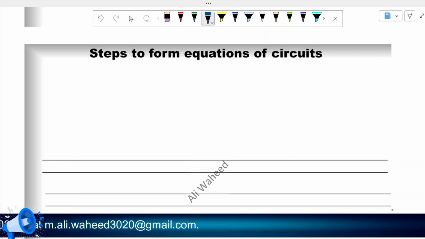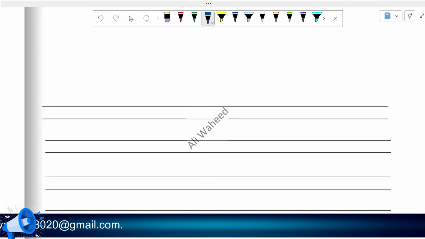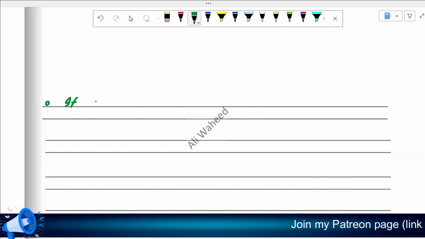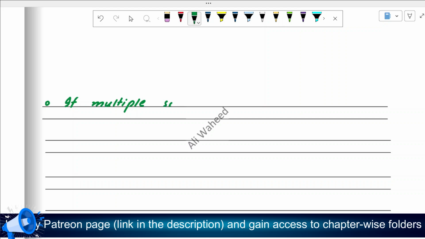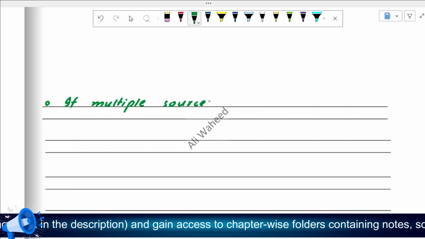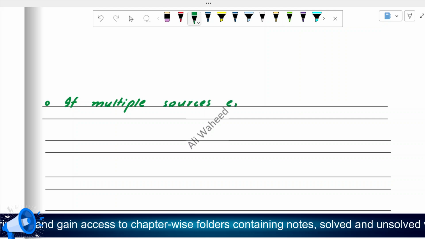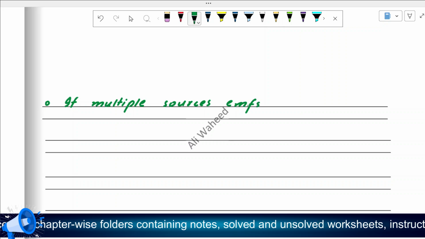Okay, I should be writing here on the lines. Number 1, if multiple sources are given, if we have the sources, they must be having the EMFs.